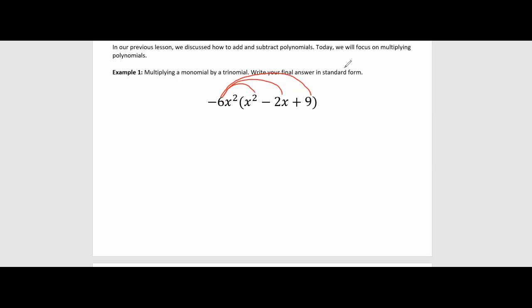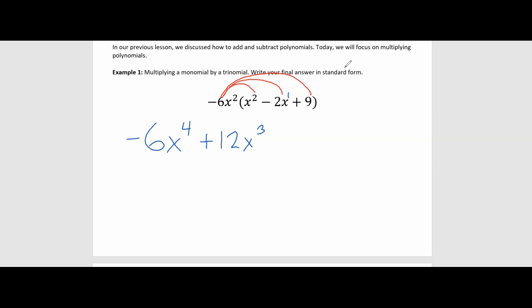So I'm going to get negative 6x squared times x squared. That gives me negative 6x to the 4th, adding the exponents. Negative 6 times negative 2x gives me positive 12x cubed. Multiply the numbers together, and then to figure out the variable portion, we're just adding the exponents, and there's a 1 on this x.